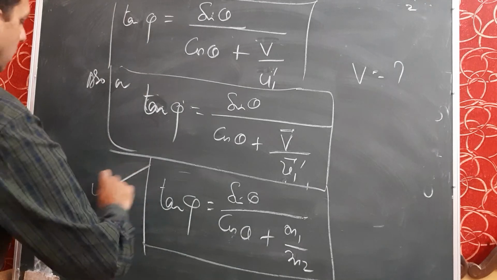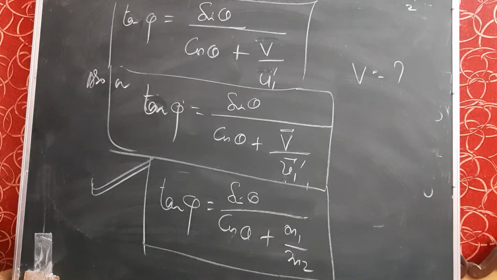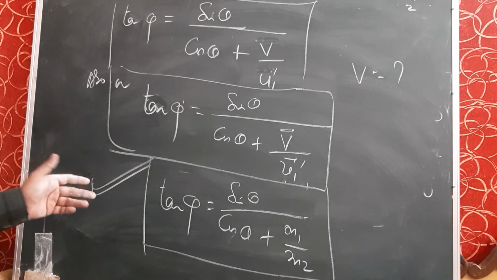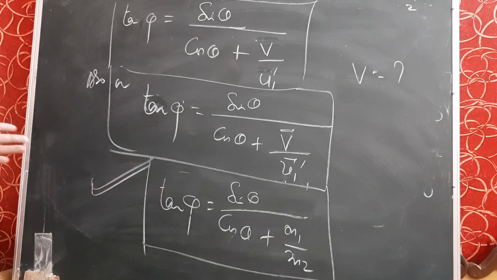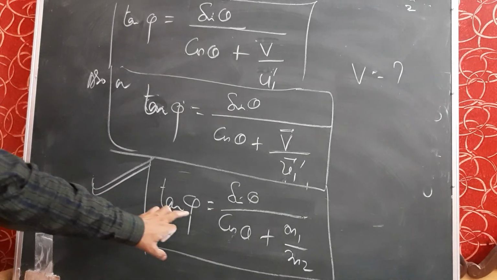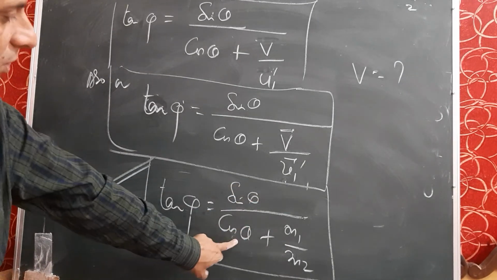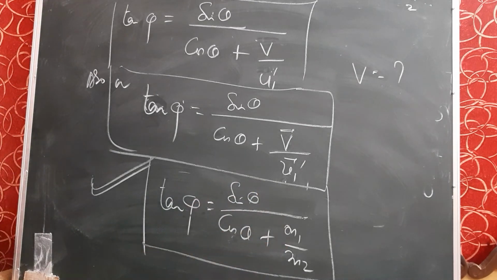So this is the final answer. This answer represents the relation between phi and theta. So you have to remember this equation: tan phi is equal to sin theta over cos theta plus m1 upon m2. So this is the final answer, or relation between the angle of scattering in center of mass frame as well as in lab frame. Thank you very much.